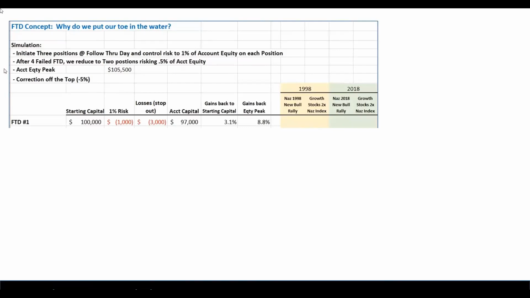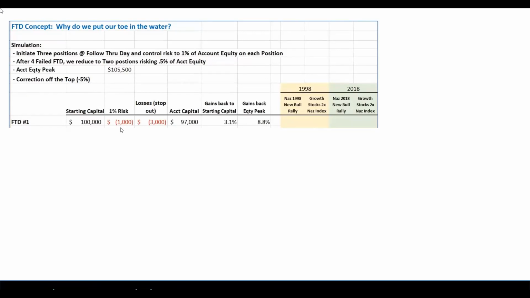So in this example, we're going to assume that our account peak equity was $105,500. And we will assume the normal process of correcting off the top was 5%. And it leaves us with a starting account value of about $100,000 as we start to go through a correction. So in this case, follow-through day number 1, start with $100,000.